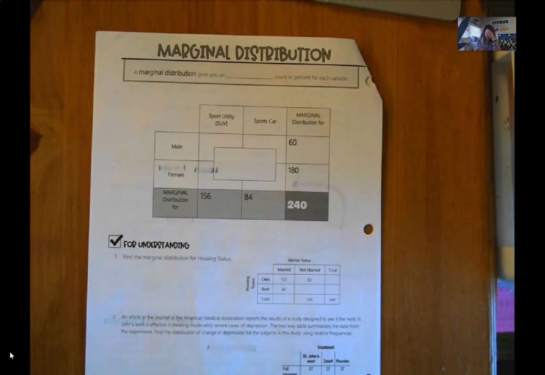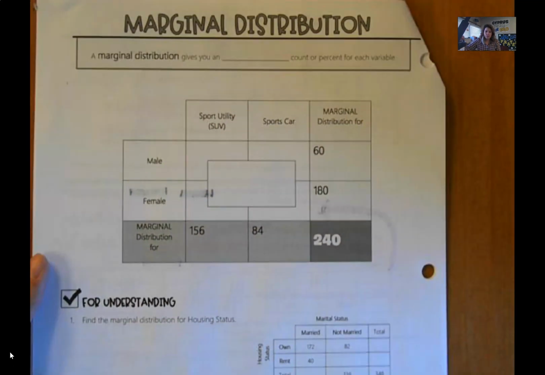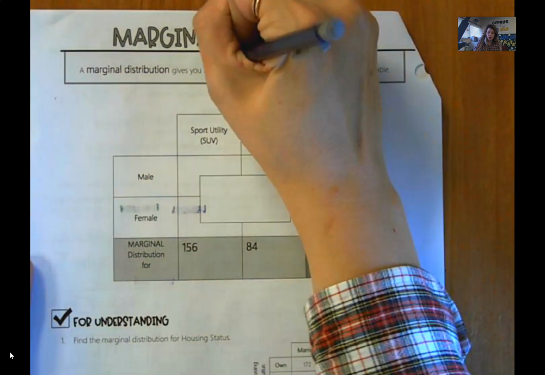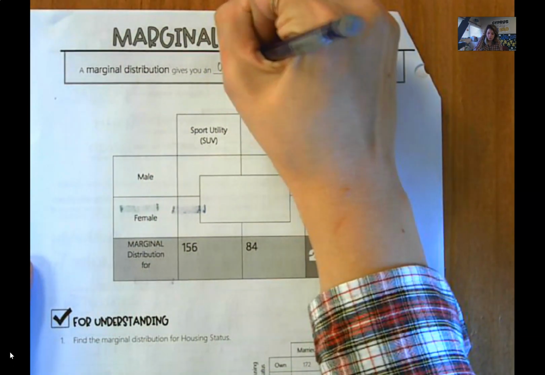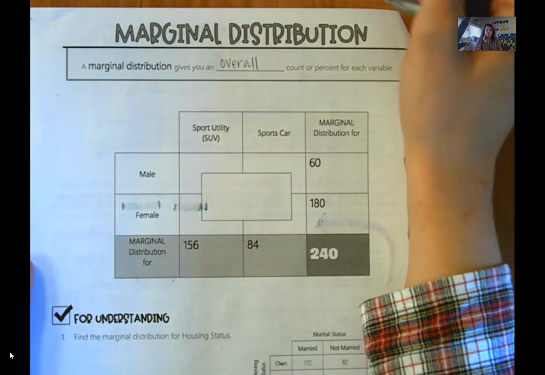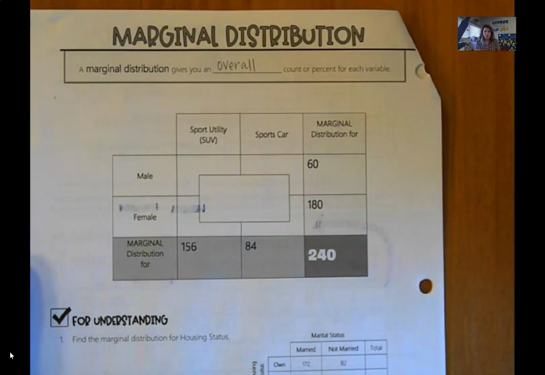Next up, marginal distributions. When we're looking at a two-way table, a marginal distribution gives you an overall count or percent of each variable. So you've actually already found a marginal distribution.